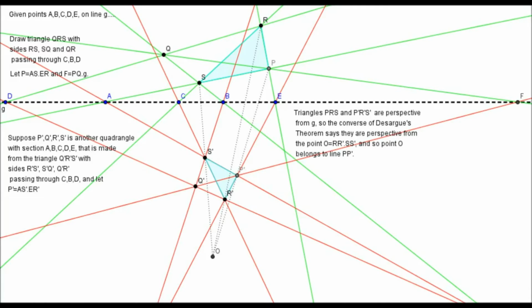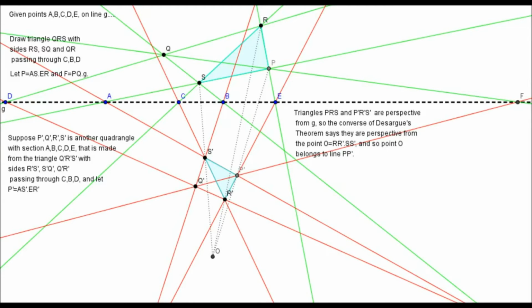So since these two triangles are perspective from a line, they should be perspective from a point. There should exist some point, O, from which both of these triangles are perspective. I've drawn it in there, and you can see that this happens to be the case in our example.